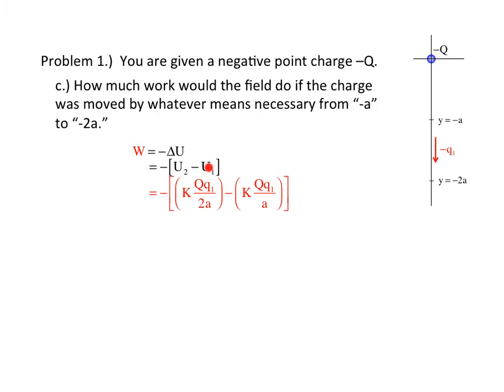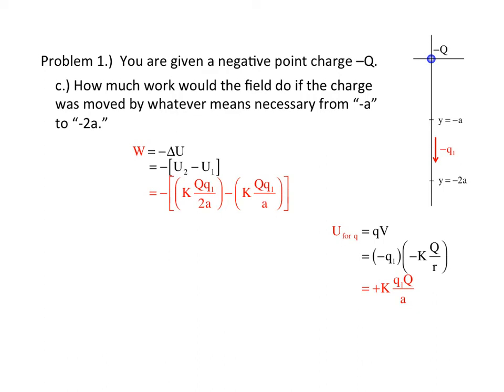This is our potential energy function evaluated at point 2. Here's our potential energy function evaluated at point 1. Remember, the R value, the denominator here, is giving you the magnitude of the distance between the field producing charge and the charge that's feeling the effect. That's why the negative sign didn't ride along in this calculation.